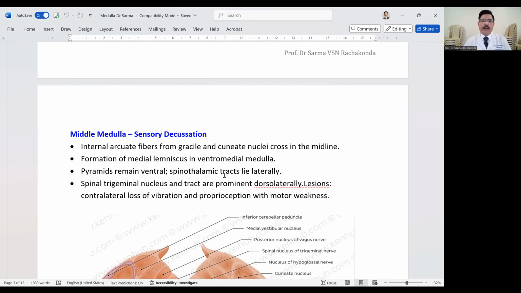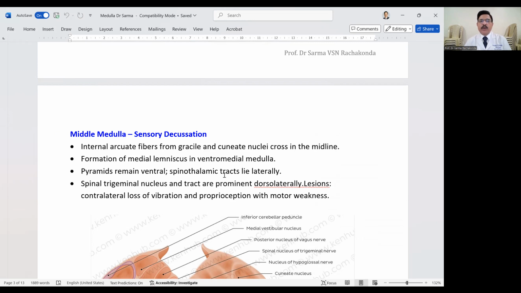Pyramids remain ventral, then spinothalamic tracts laterally, and the spinal trigeminal nucleus and tract are prominent dorsolaterally. Lesions involve contralateral loss of vibration and proprioception with motor weakness. Why? In the middle medulla, the crossing of the cuneate and gracile nucleus fibers is there.